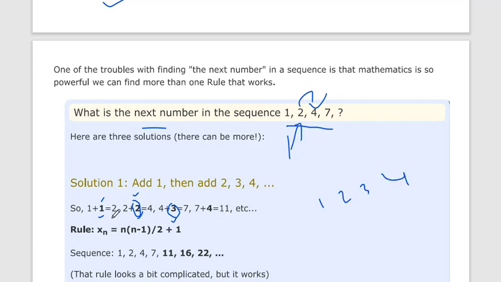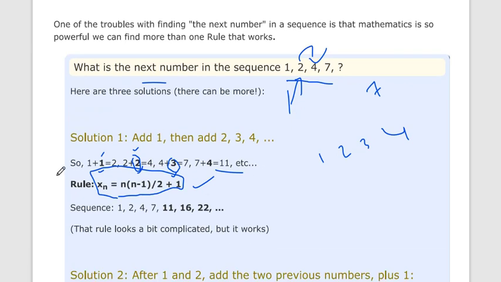So if we want to find the fifth term, we have to add 7 plus 4, so we get the answer 11. Its rule is xn is equal to n into n minus 1 divided by 2, plus 1. How do we find this formula? At the end I will tell you how we find the rule of this sequence.